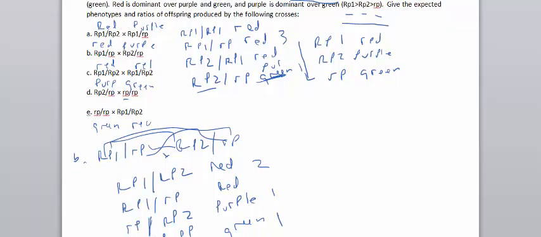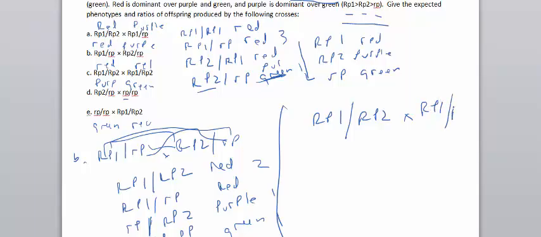Yeah, we'll do one more. And then I think you get the idea. Man, sorry about that. All right, so over here we got C. RP1 over RP2 cross to RP1 over RP2. So that's straight up a cross where we're heterozygous for the same thing. So we can get RP1, RP1, one of those.